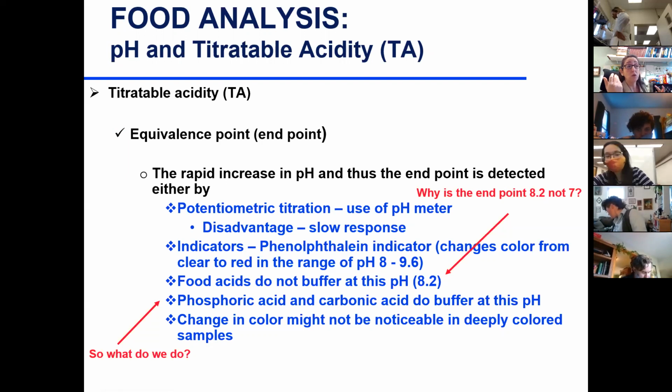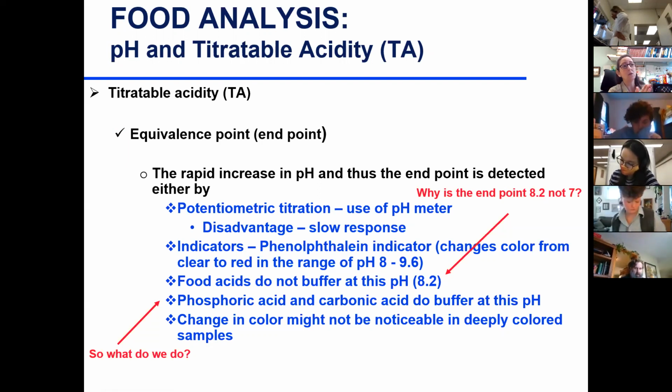And that's when you know that the titration ended. If you're doing a pH meter or a potentiometric titration, we just monitor when the pH increases rapidly. We know that the titration ended and we reached equilibrium.